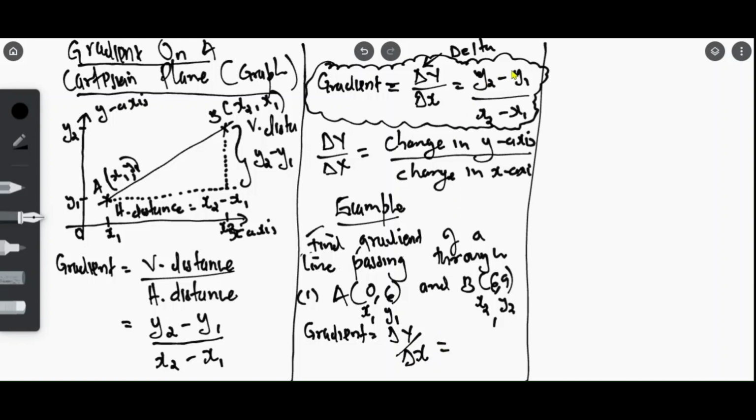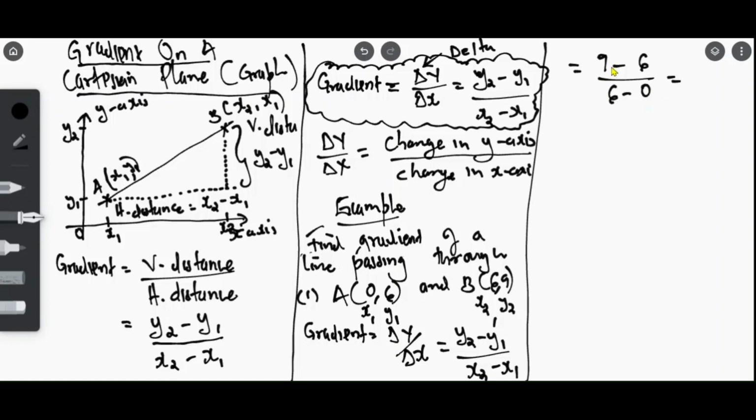So I have y2 minus y1 all over x2 minus x1. So the gradient will be, y2 which is 9, minus y1 which is 6, all over x2 which is 6, minus x1 which is 0.